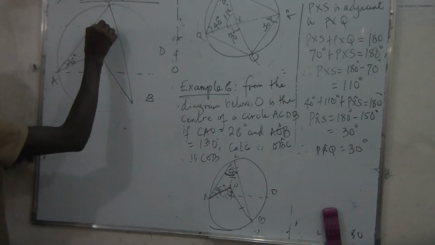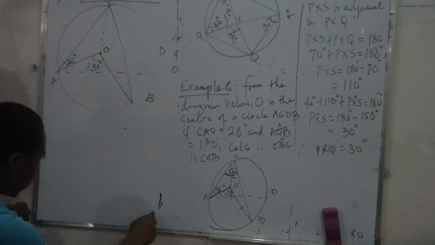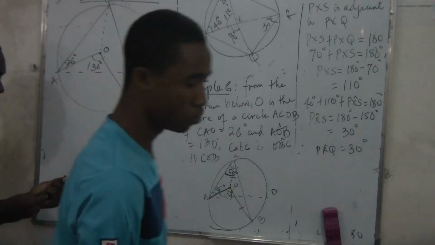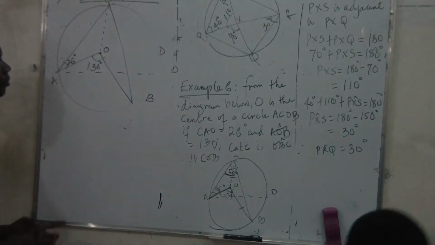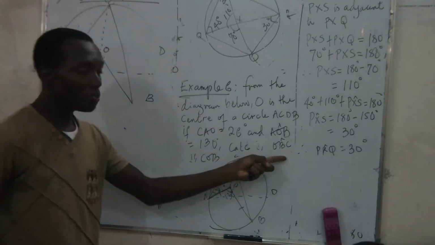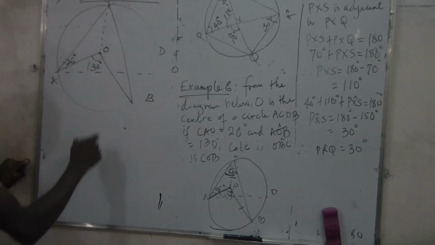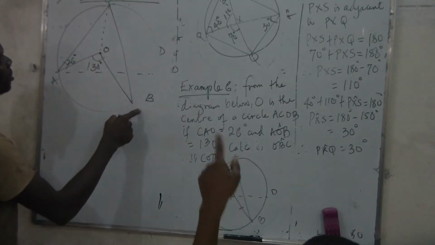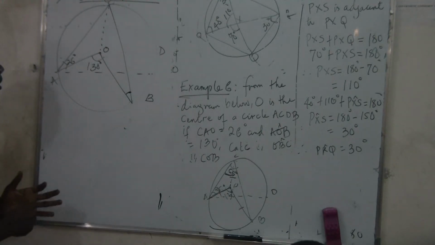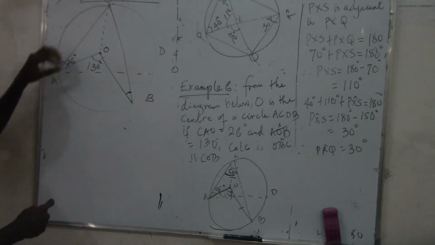So we can bisect this into two. We have to calculate the angle OBC. Where is OBC? OBC is this angle.